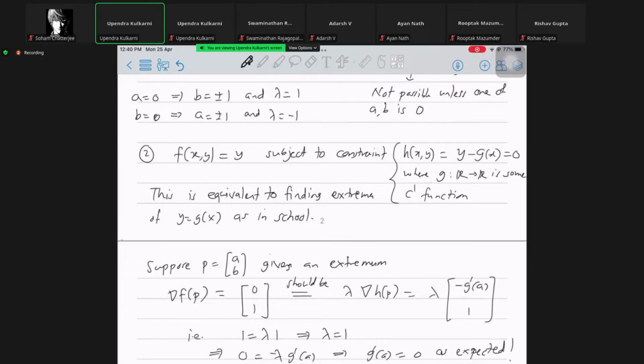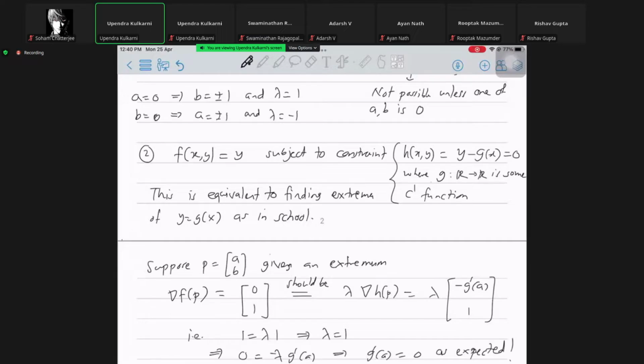Because if I have a maximum or a minimum, then the derivative over there has to be 0. So if I'm not able to find any such thing, then that means that there is no maximum or a minimum. So this calculation would also say that. But what it will not help you is that if there is a maximum or a minimum, then you will find it. But that does not say that whatever you found is a maximum or a minimum. For that, some other analysis will have to be done.